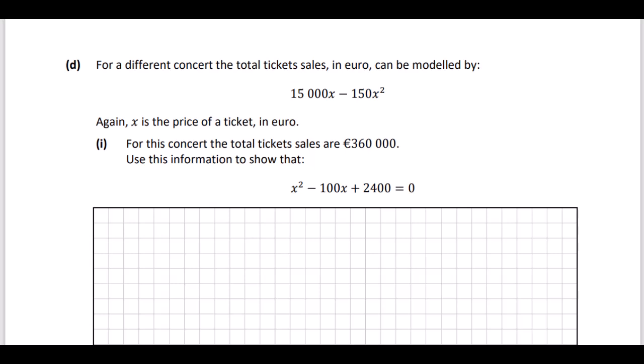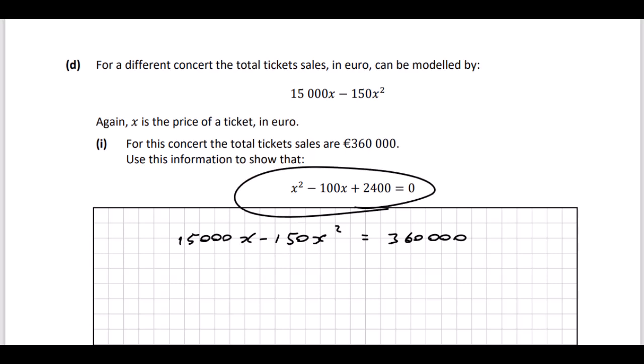So we know that 15,000x minus 150x squared is the total ticket sales in euros for a different concert. We're told in this particular case for this concert the total ticket sales are 360,000 euros. So that's our equation.